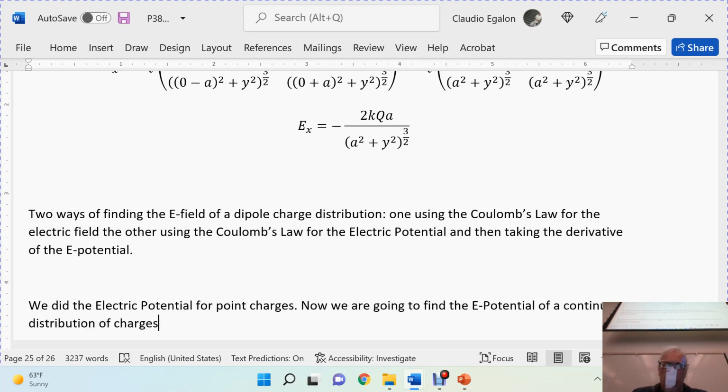How do we do that? Consider an infinitesimal charge distribution.